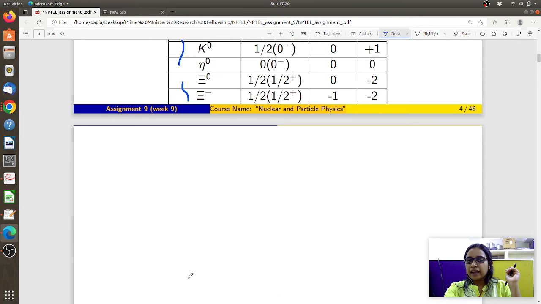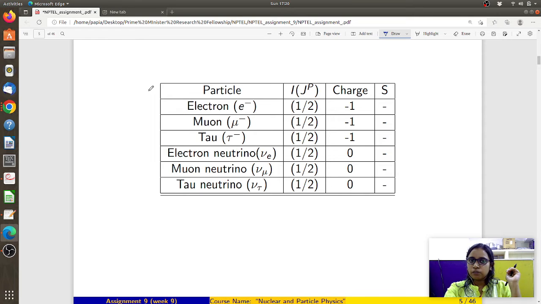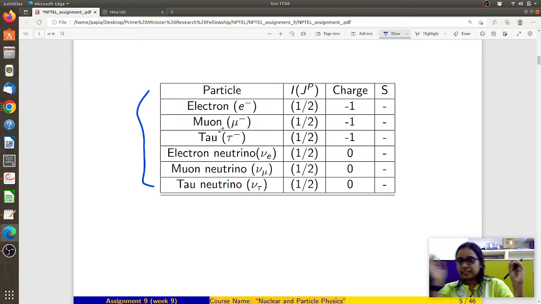And in the second slide I was mentioning all the leptons. There are six leptons: electron, mu, tau, and the neutrinos. So all the leptons as well as their corresponding spin-parity and charge and strangeness.